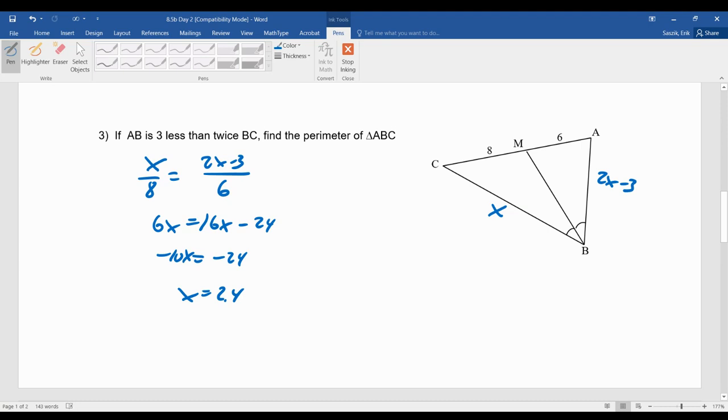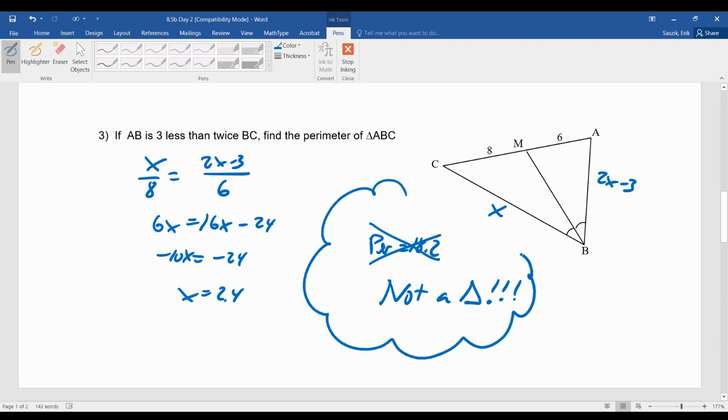Now, you're asked to find the perimeter, and you could certainly find some kind of perimeter by plugging in this 2.4. But you know what? Perimeter comes out to 18.2, but this is not a triangle. It doesn't exist.